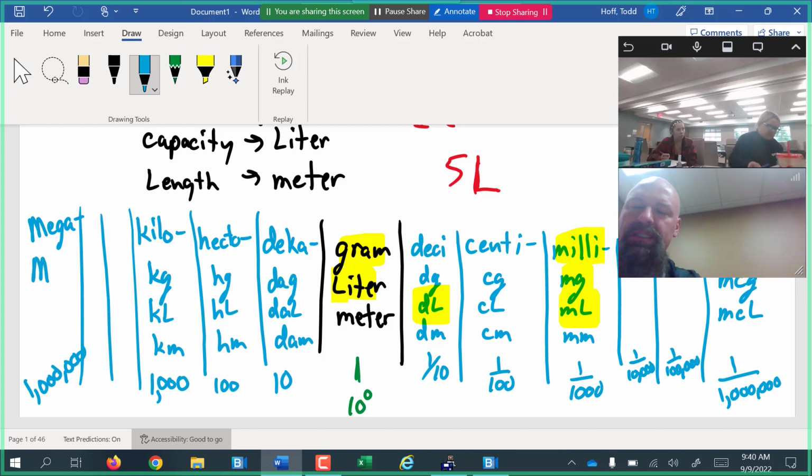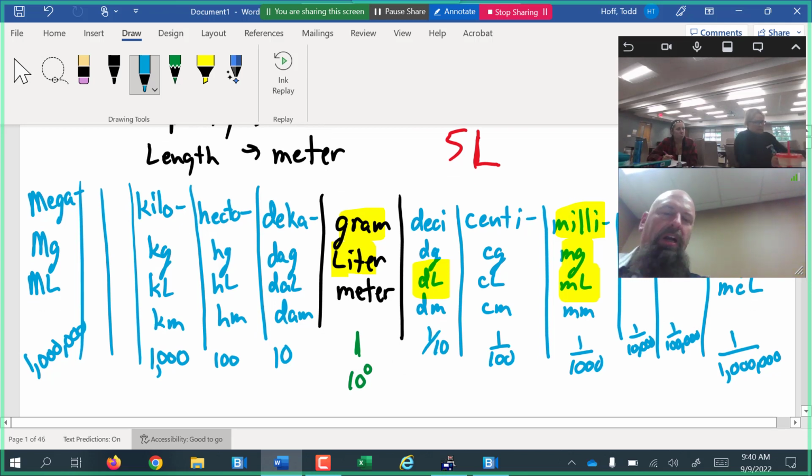Since we use the small m for milli, we use a capital M for mega. So capital MG would be a megagram. Capital ML would be a megaliter. So 1 million grams or 1 million liters. Notice I didn't even put it up there for meters because 1 million meters is like 40 times around the equator of the Earth. So it's not a very practical unit.